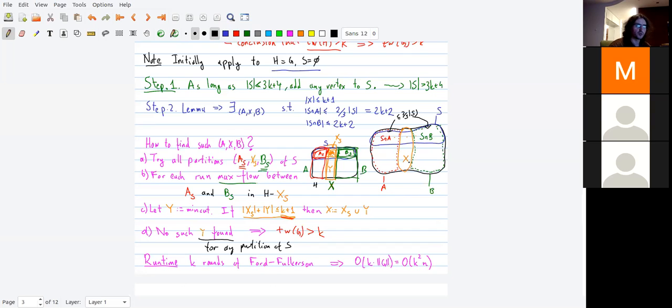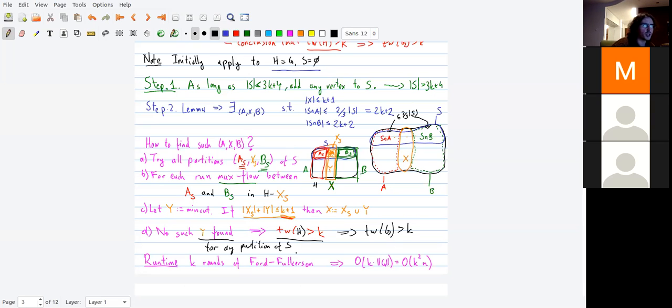And if the lemma was not true, then this must be because the treewidth is large. Because if the treewidth was small, I would see the structure by the lemma. So actually, what I get from this is that the treewidth of H is larger than k, which implies that the treewidth of G is large.